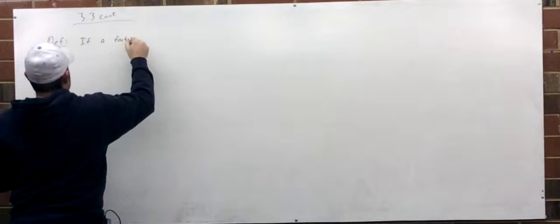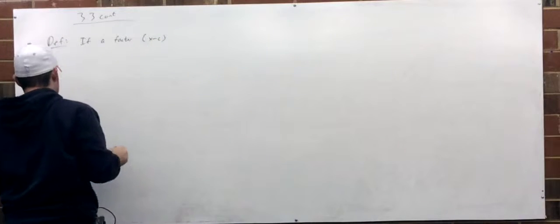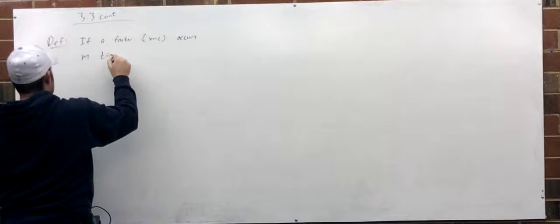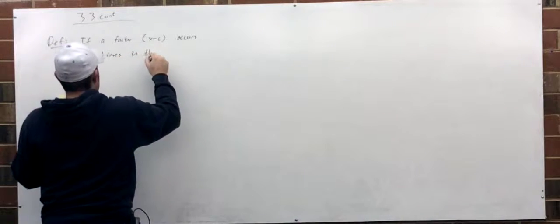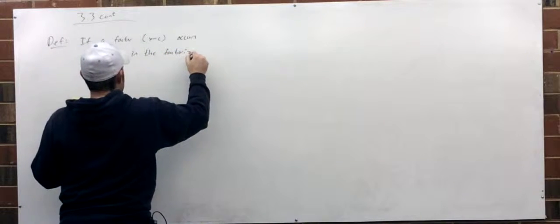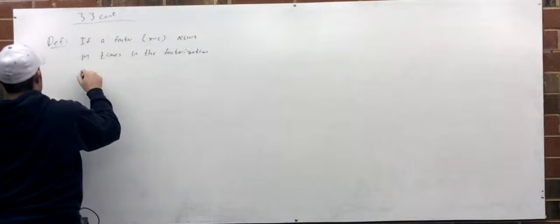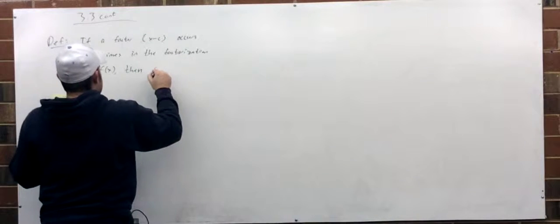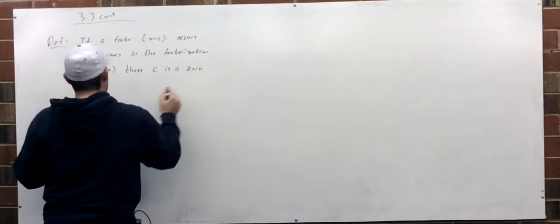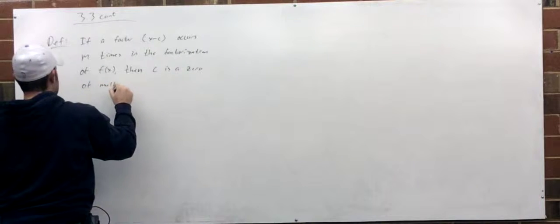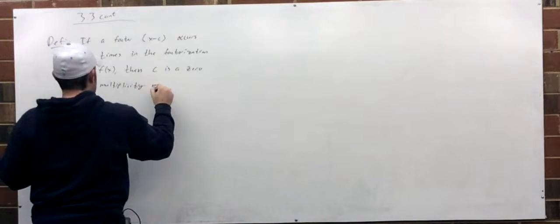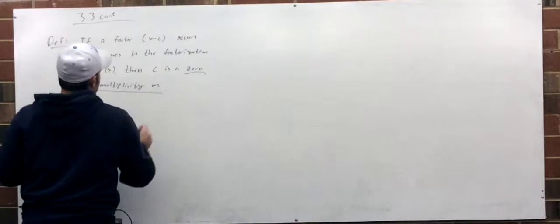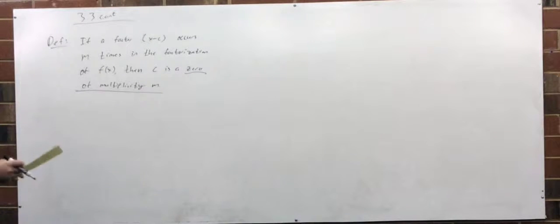If a factor x minus c occurs m times in the factorization of f of x, then we say c is a zero of multiplicity m.